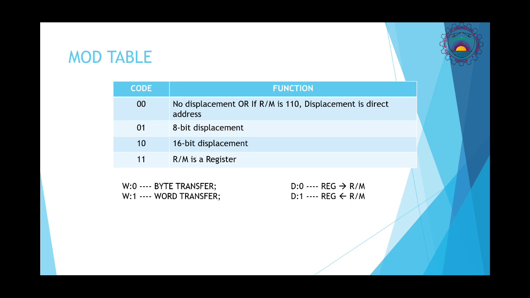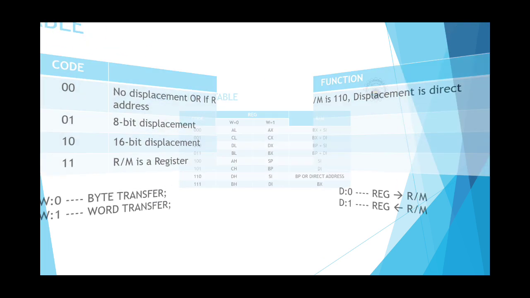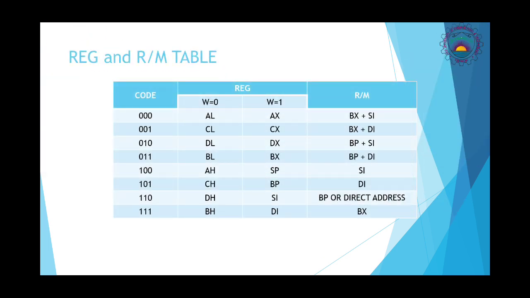D bit is for showing the flow of data direction. So if your data is flowing from reg field to r/m field, then D will be 0. Or otherwise, if data is flowing from r/m field to reg field, D will be 1.